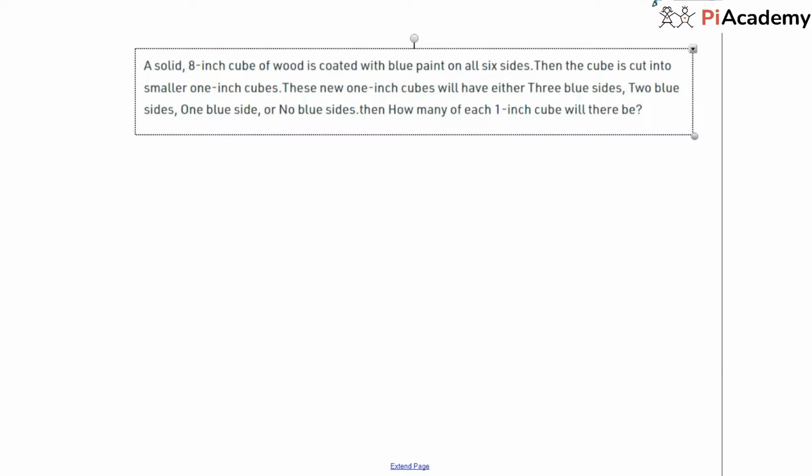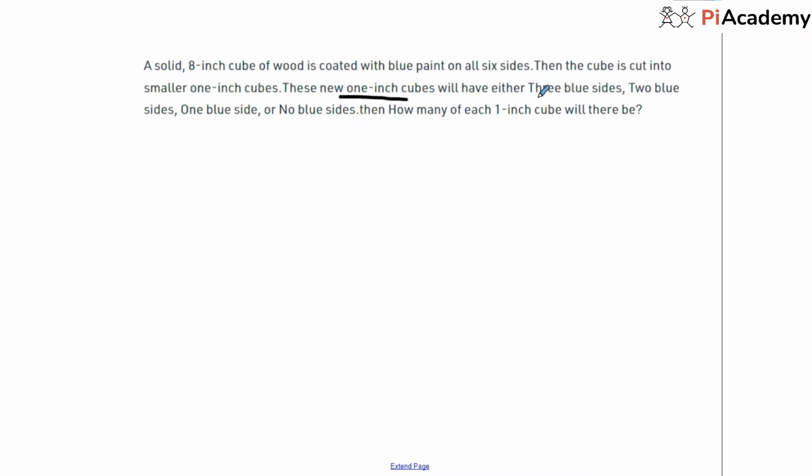These new 1-inch cubes will have either 3 blue sides, 2 blue sides, 1 blue side, or no blue sides. Then how many of each will there be? How many new 1-inch cubes? How many are 3 blue sides? How many are 2 blue sides? How many are 1 blue side? And how many are no blue sides? Can you try that, all of you? Take 2 minutes. Use the formulas.